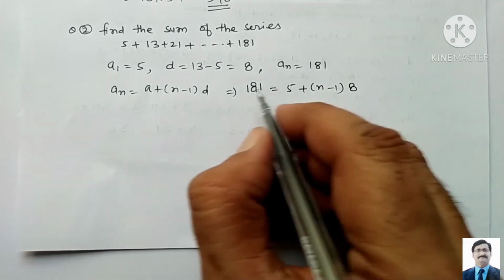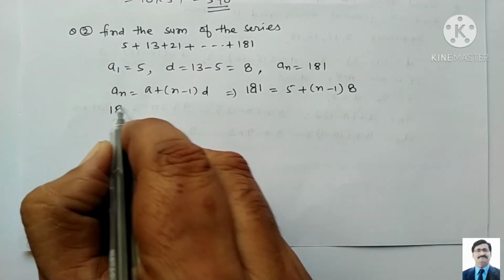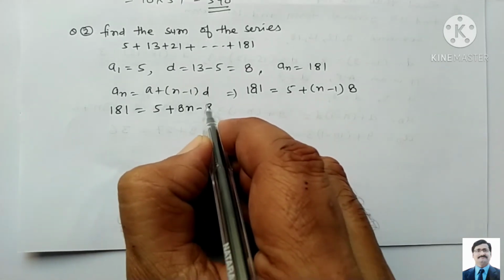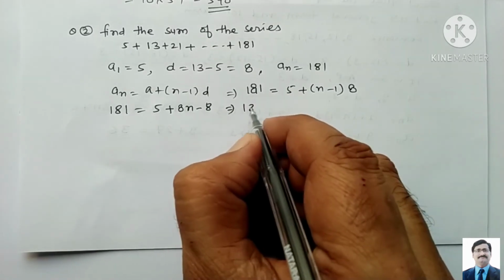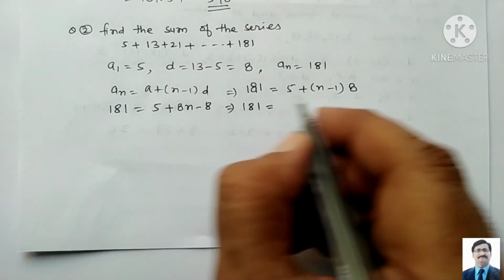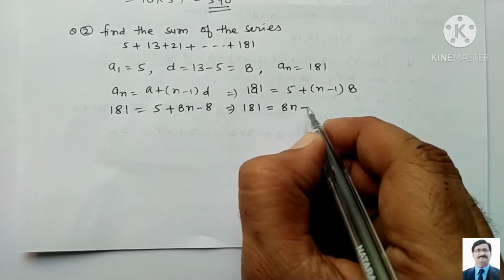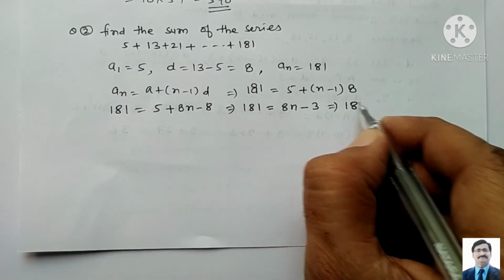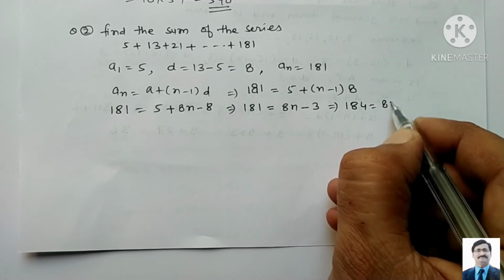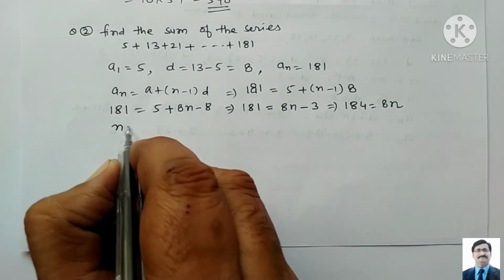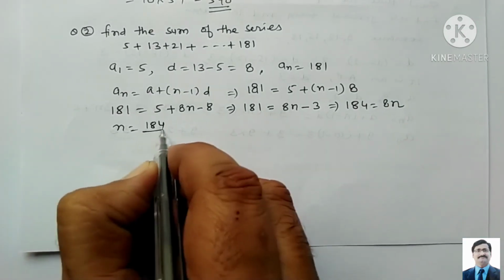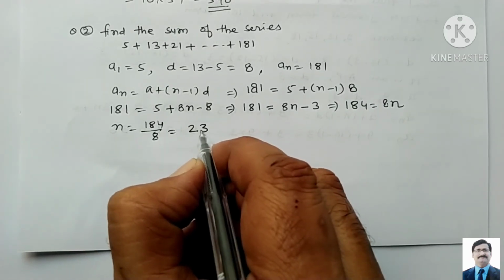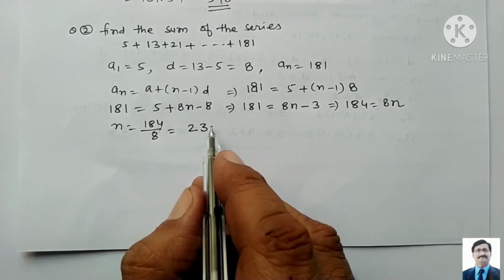So 181 equal to 5 plus 8n minus 8, and 5 minus 8 is minus 3. We transfer 3, we get 184 equal to 8n. So n equal to 184 upon 8. 8 twos are 16 and 8 threes are 24. So the number of terms is 23.